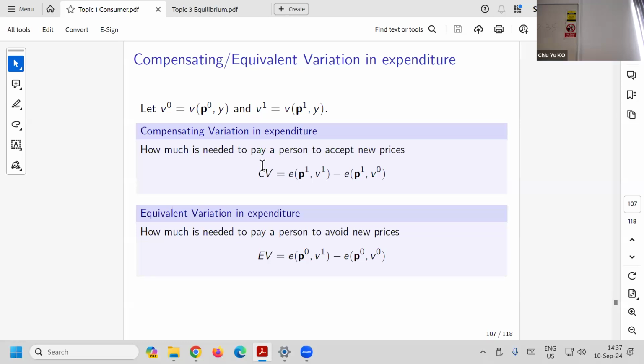And as I said, compensating is to look at the new situation, the new utility, how much you need to spend, minus the old utility at the new price, right? How much I need to compensate you under the new price. And equivalent will be looking at the old prices and the change in utility, right? The difference is whether you anchor on the new price or the old price.